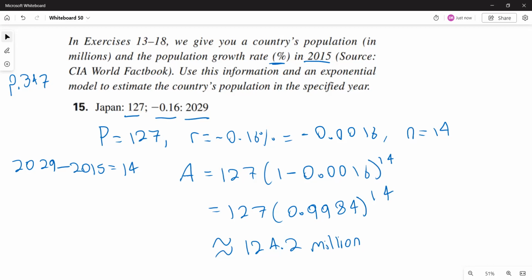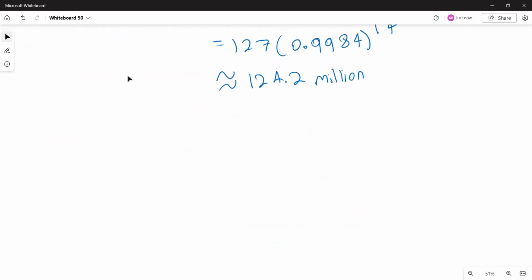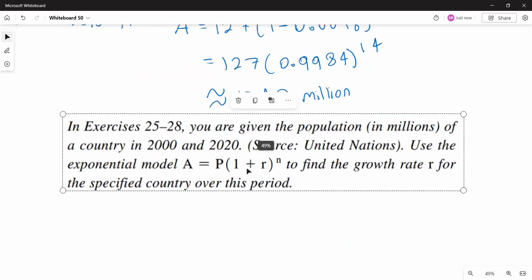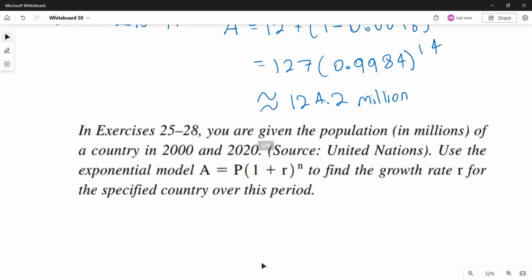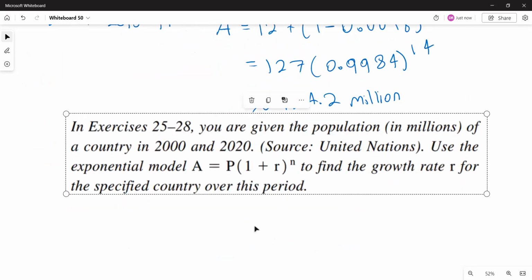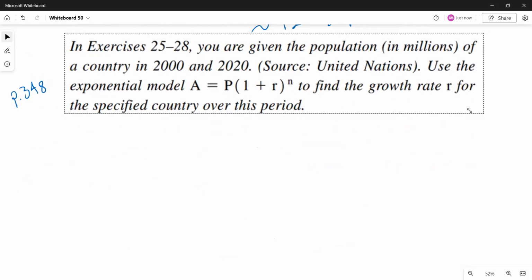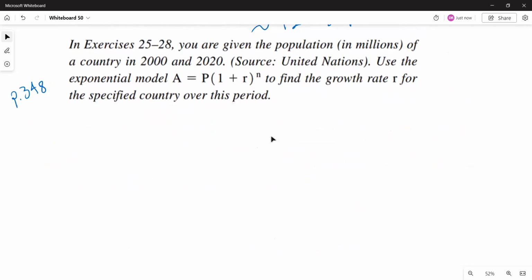I'm doing an example where you have the initial and the terminal quantity, and you need to find something else, when you need to find the rate. So that's the next page. You're given the population in millions of a country in 2000 and 2020. Use the exponential model to find the growth rate for the specified country over this period. And we're going to do this for Vietnam.